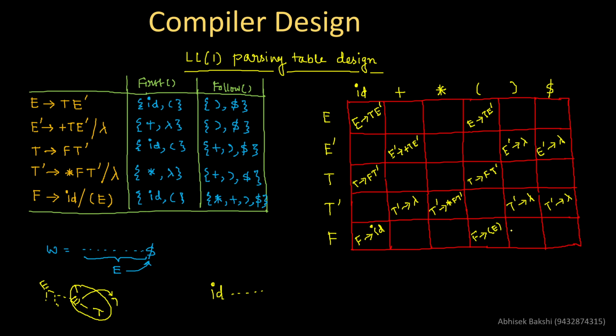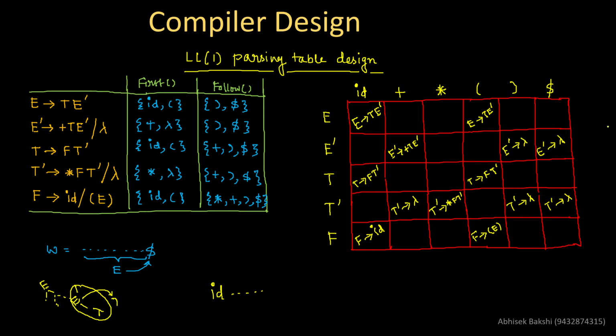So this is a way by which we can design this LL1 parsing table, which can be further used to check whether syntactically a particular string under a particular language which is following a grammar is correct or not.